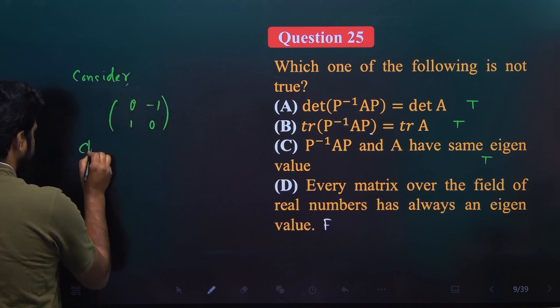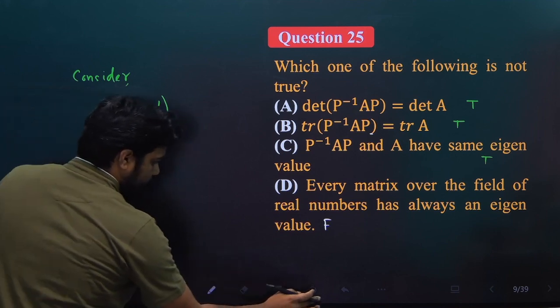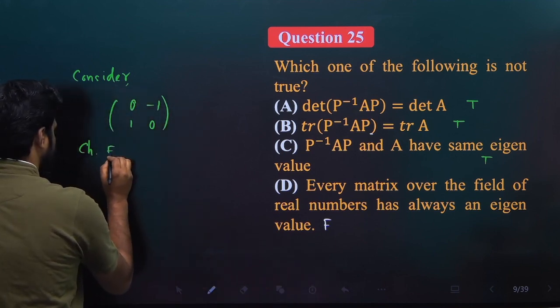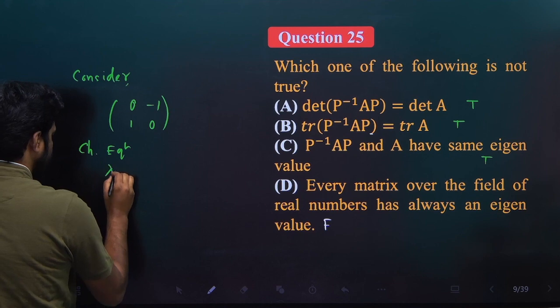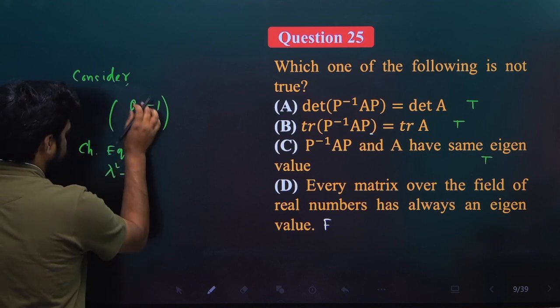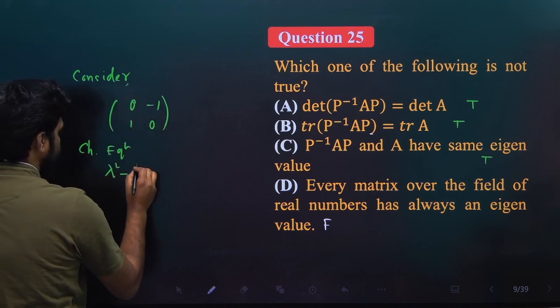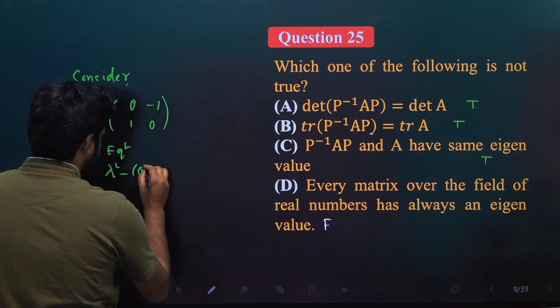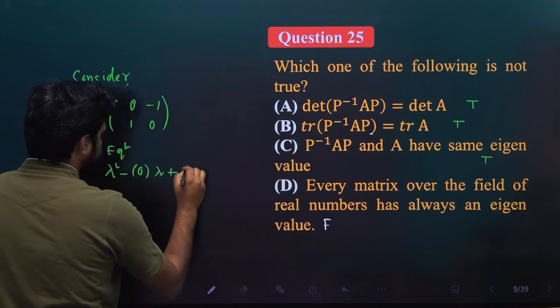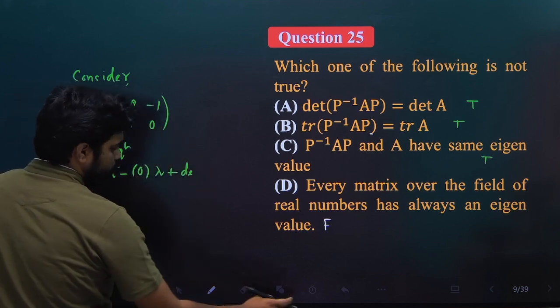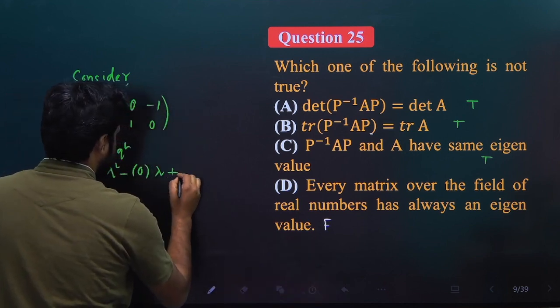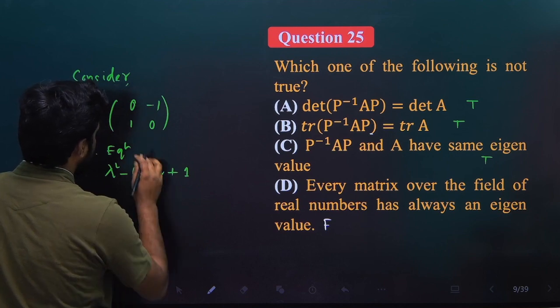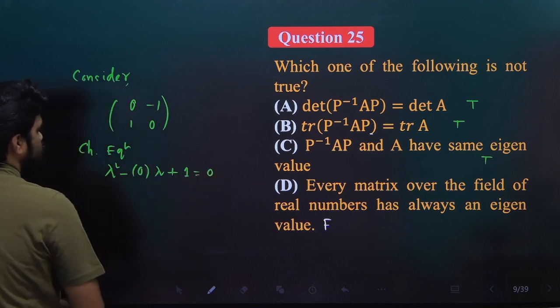So what is the characteristic polynomial? That is lambda square minus trace of A, the sum of the diagonal entries, that is 0, plus the determinant of A. What do you get when you take the determinant? That is 1. So this is equal to 0.